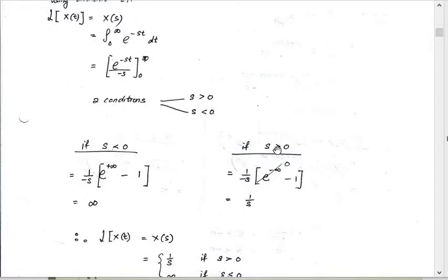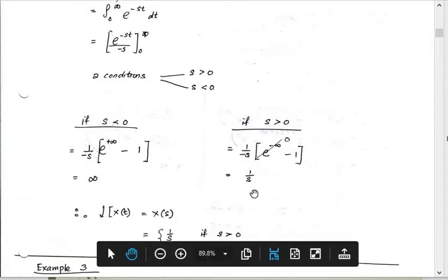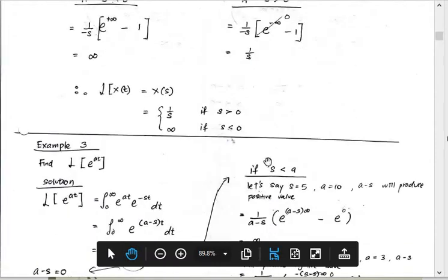If you look at s more than 0, it means that s is positive. So exponent negative of a positive value, and t is infinity, so negative infinity, you will get 0. Bear in mind that exponent infinity gives you infinity, and exponent negative infinity gives you 0. So you have the value of 1 over s. Okay, you understand, class?